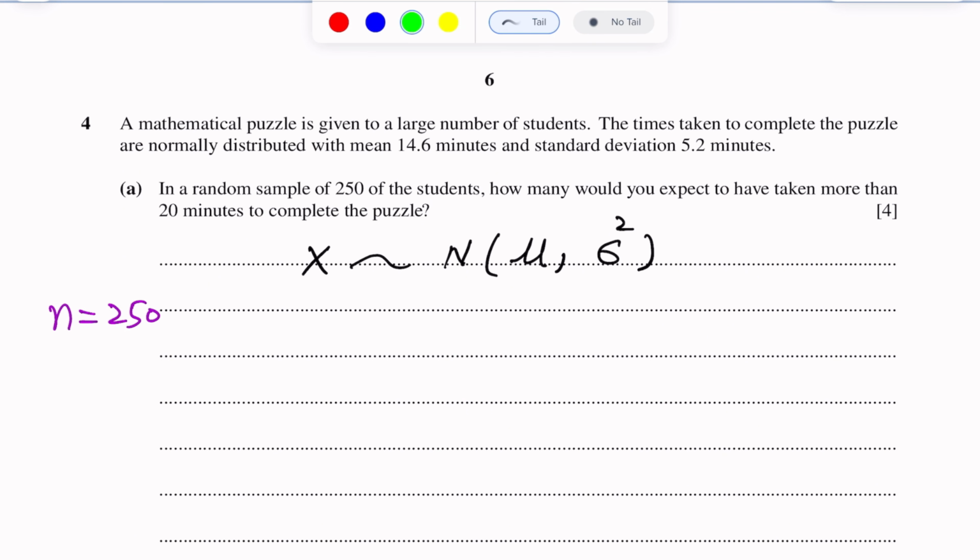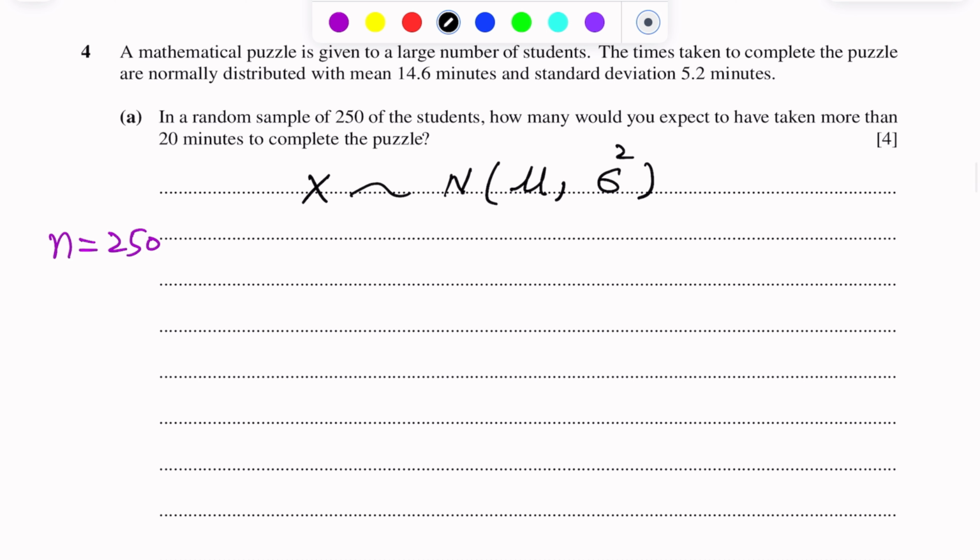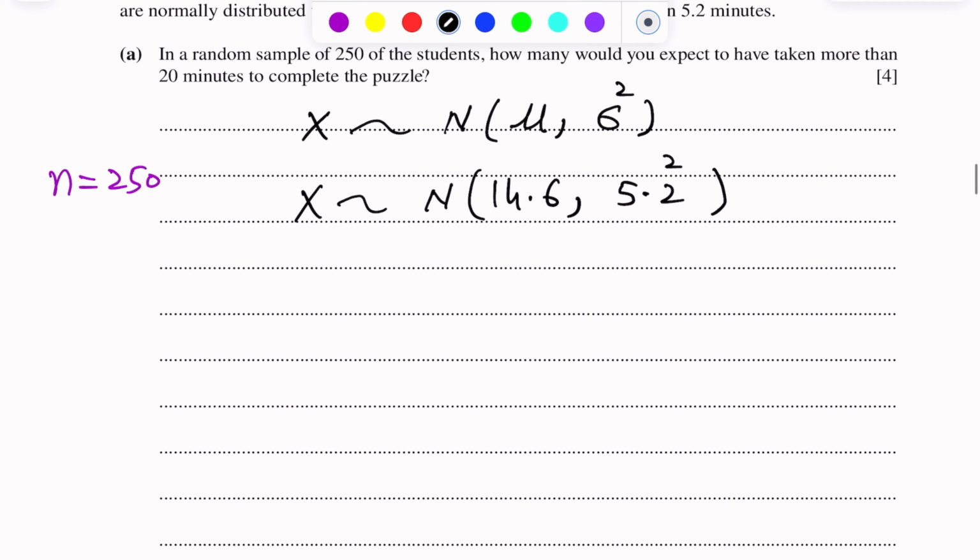The mean and standard deviation are given, so we write X follows normal distribution with mean 14.6 and standard deviation 5.2, squared.